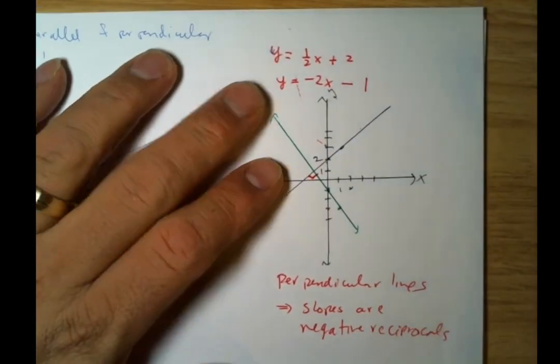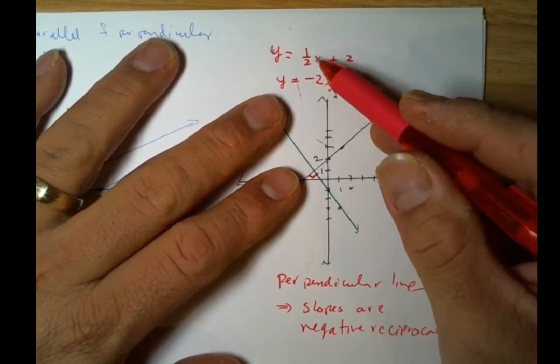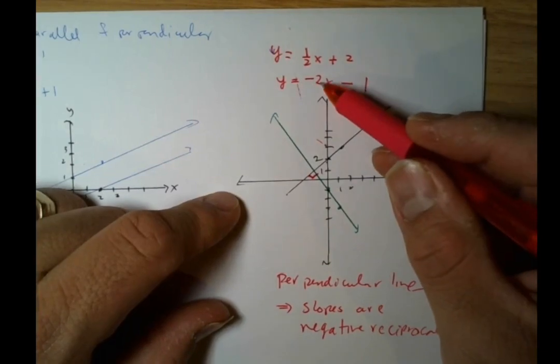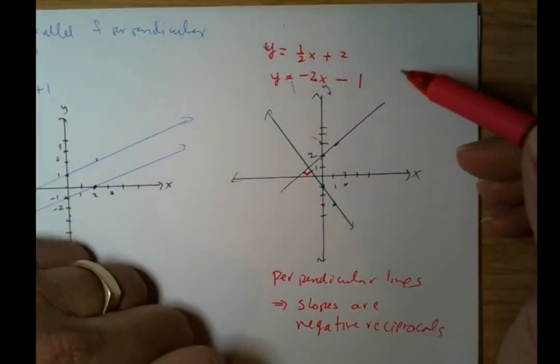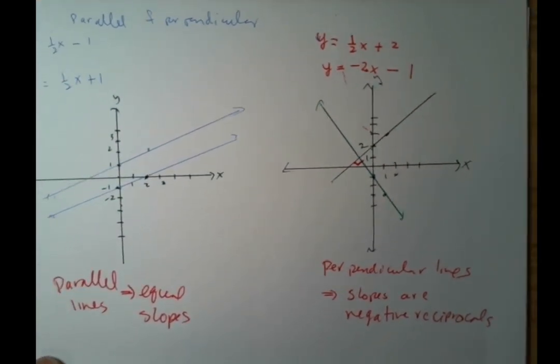Not just reciprocals, because the reciprocal of 1/2 is 2. Negative reciprocals: you take the reciprocal and then you put a negative, and vice versa. If we have negative 2, take the reciprocal, put a negative in front of it, and that gives us back 1/2.